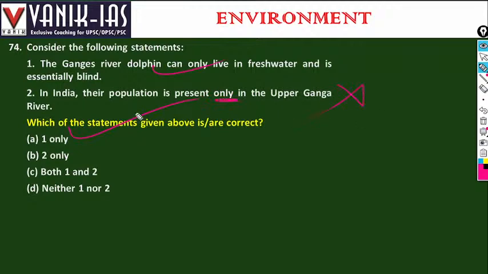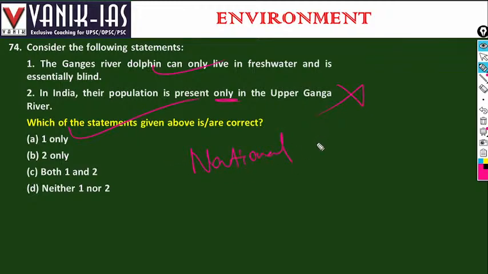It is not only seen in the upper areas of the Ganga river. It is present in various regions, for example in the Ganga, Brahmaputra, Meghna, and in Nepal and Bangladesh. But one prevalent feature is that they live in fresh water, and it is recognized as the national aquatic animal.